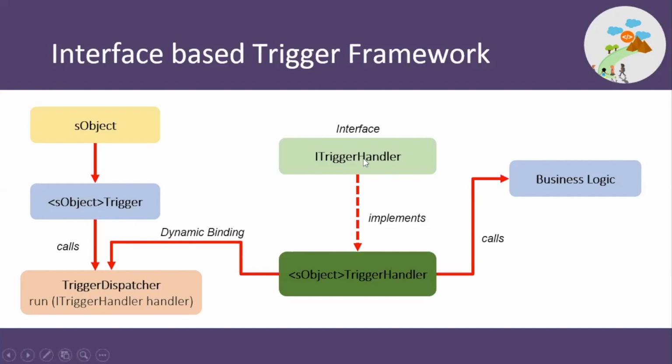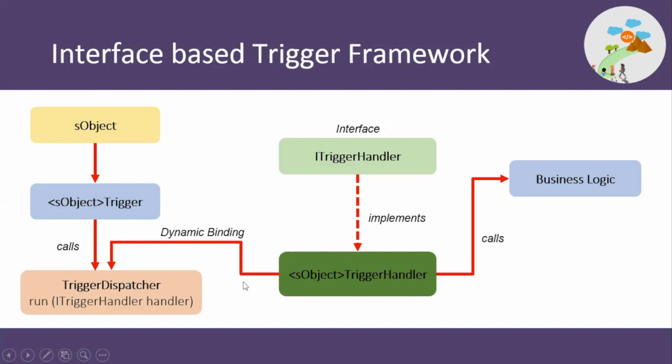So there is a generic interface. You're defining the blueprint of your trigger handler, and you are saying that every object's trigger handler has to comply with this particular interface. If you do not implement a method given in the interface, the compiler will flag an error over here, and you will not be able to save your handler method. So it is an absolute mandate, which means that you are enforcing rules.